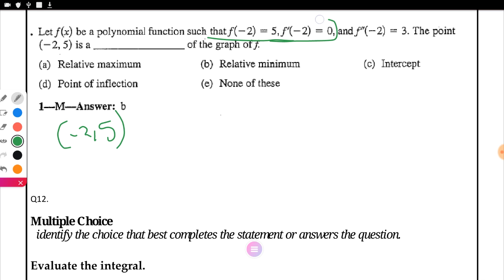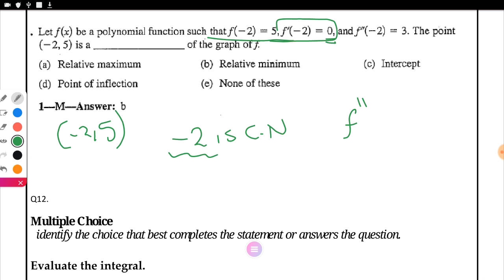What is the meaning of the first derivative equals 0? It means negative 2 is the critical number. That's right or not? Because from the definition of the critical numbers, the values of x at which the first derivative equals 0 or does not exist. Look here. This means we have a critical number, negative 2.